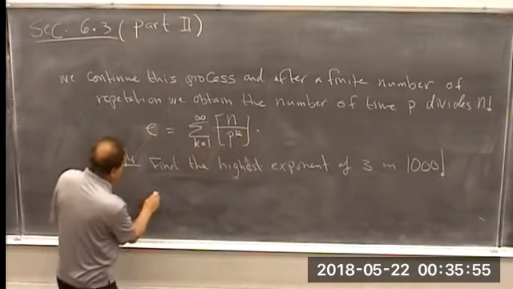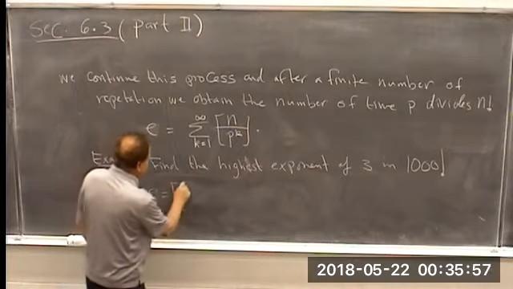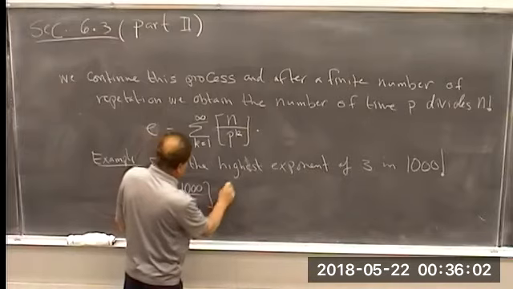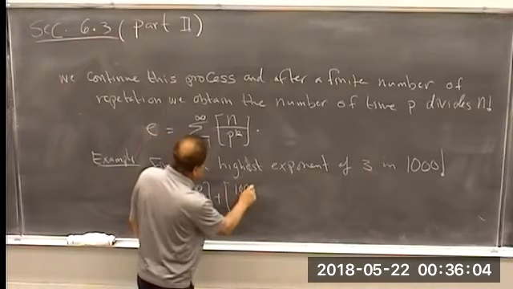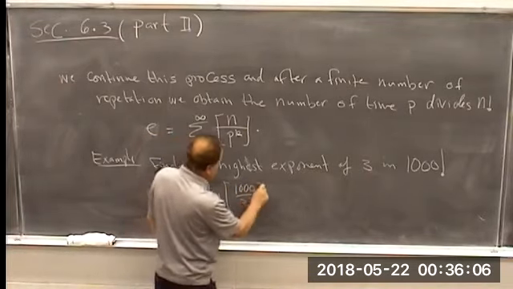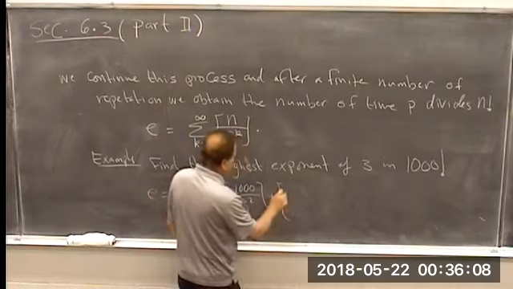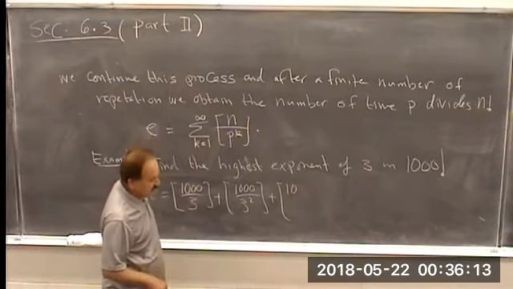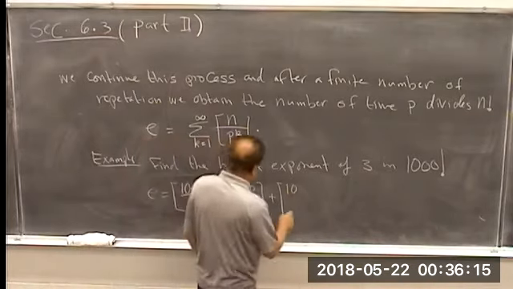So the exponent e here is going to be 1000 divided by 3 plus 1000 divided by 3 squared. And we just keep doing this till we come up with a fraction that is less than 1.